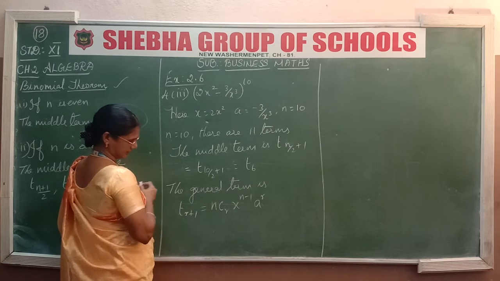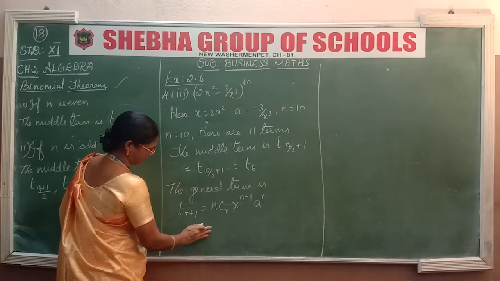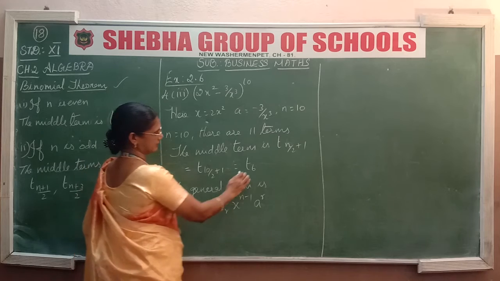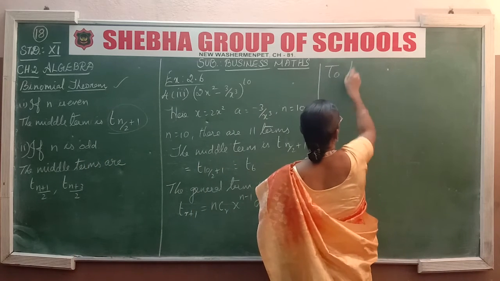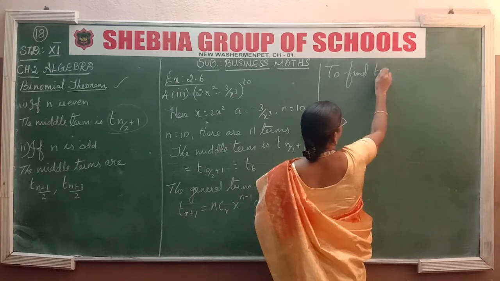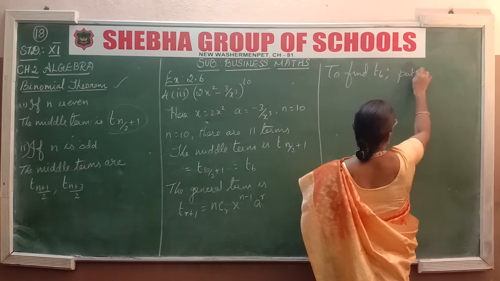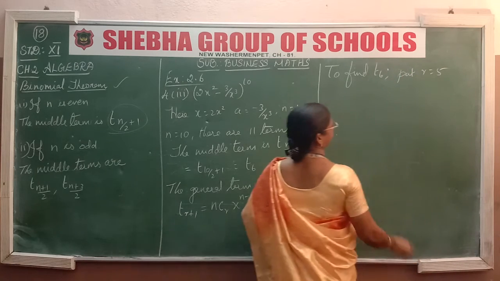First write the general term formula. Next, to find the 6th term, we put r is equal to 5.